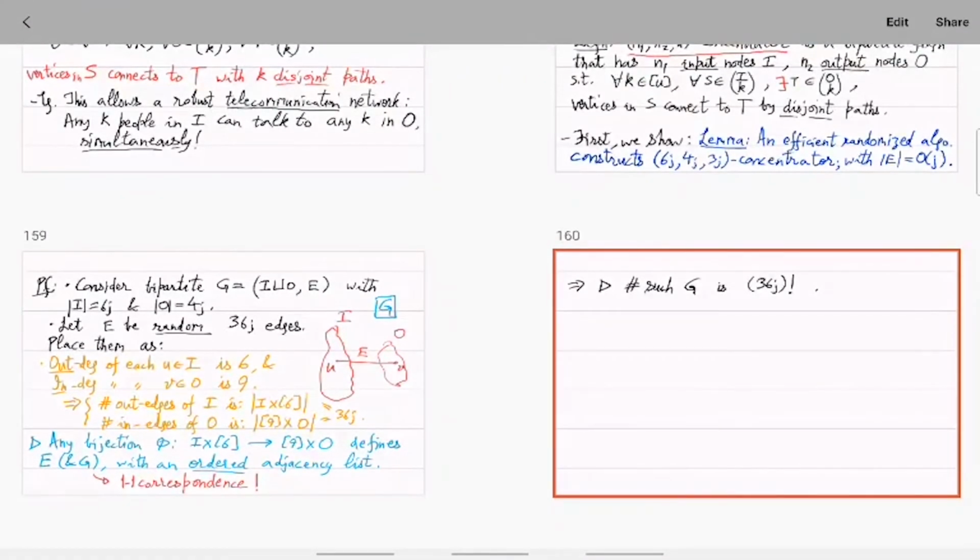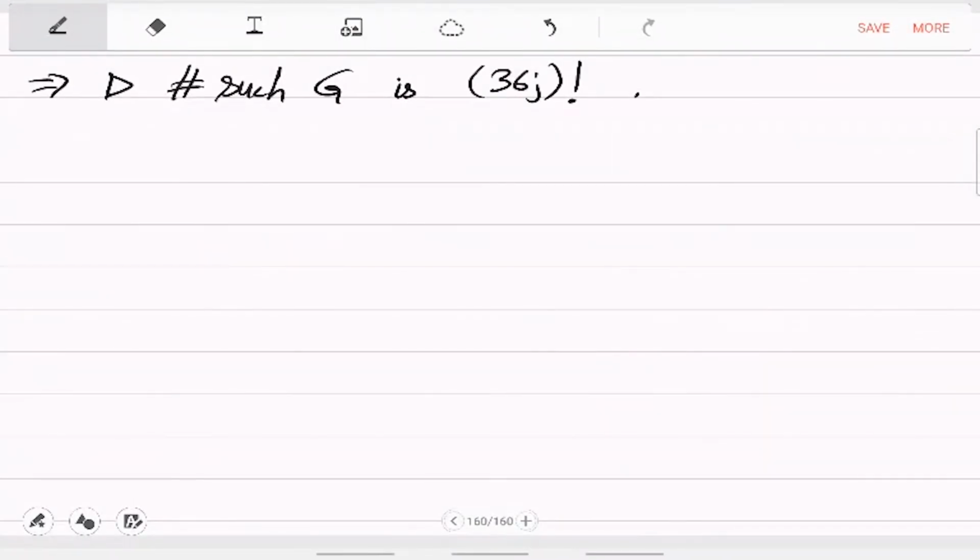Out of these, now we have to see whether there is a concentrator. How do we check that? We have to see whether, if we choose vertices up to 3j on the left, there are disjoint paths to some T in O. So let us instead count the number of non-concentrators.